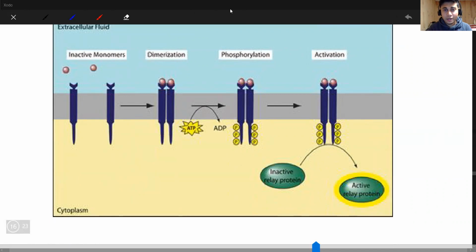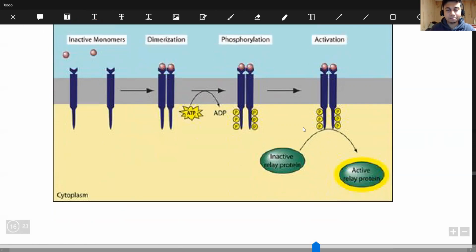All right. Next, when these tyrosine groups are phosphorylated, they are activated, and that activated inside portion of the receptor makes some inactive protein into active protein, and there is certain action that runs afterwards. So that is the basic of the tyrosine kinase receptor.